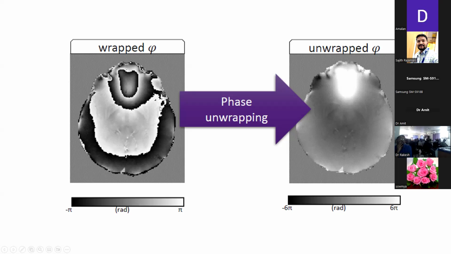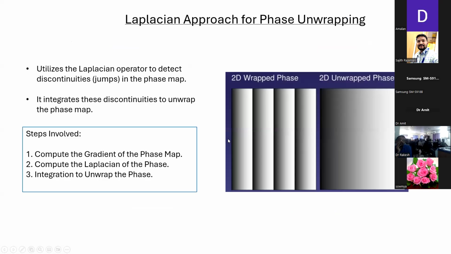The problem is that this is not that easy, and we need to solve a lot of mathematical problems. One method to perform unwrapping is to use a Laplacian method. There are several methods available, but this is the most common method, and let's see how it works.